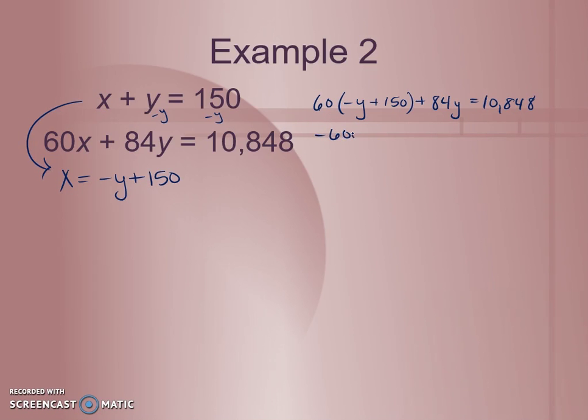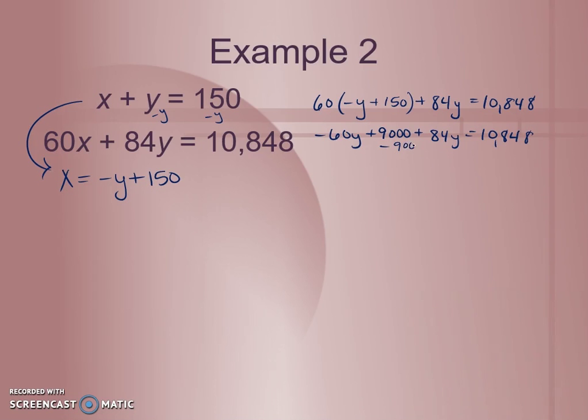We get negative 60y plus 9,000 plus 84y equals 10,848. Combine our like terms, and we'll move this 9,000 over in the same step.